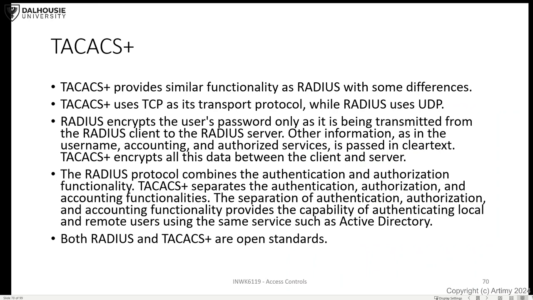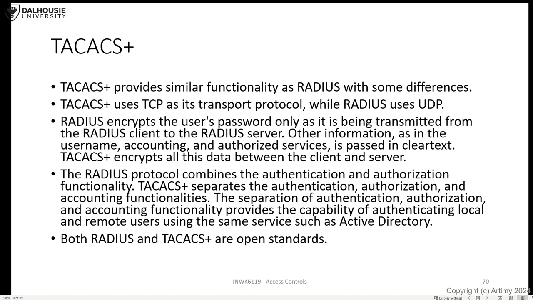The Radius protocol combines authentication and authorization functionality, right? So basically, you combine how to authenticate the user and also what the user can do in one function. TACACS Plus separates the authentication, authorization, and accounting functionalities, and that means that you can actually have multiple types of users logging in, not just one type of users.